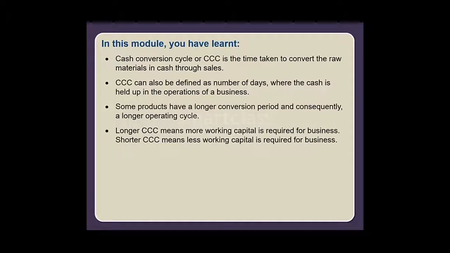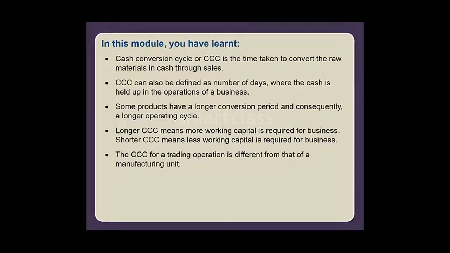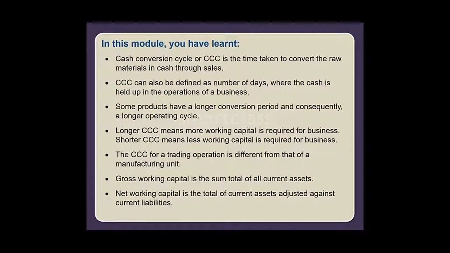Longer CCC means more working capital is required for business. Shorter CCC means less working capital is required for business. The CCC for a trading operation is different from that of a manufacturing unit. Gross working capital is the sum total of all current assets. Net working capital is the total of current assets adjusted against current liabilities.